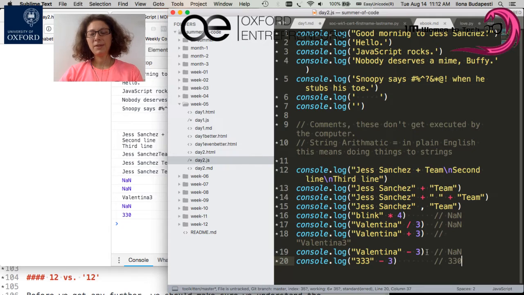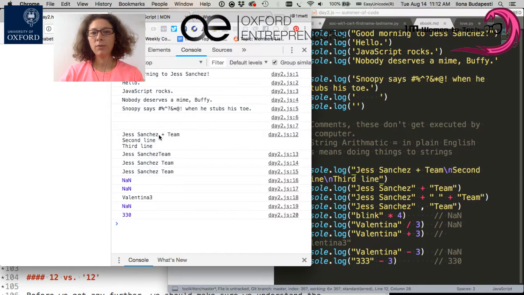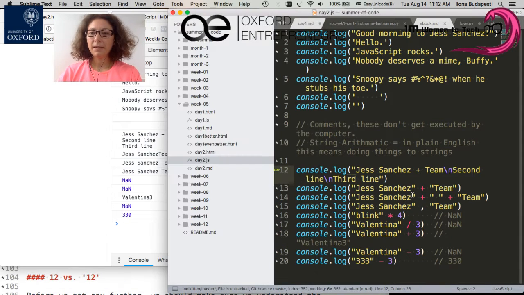So this is what we saw earlier, that we can add strings together. If we put the plus sign within the string, then it's actually not an operation. It is just a string, and it will print out as a plus sign. However, if we keep them outside of the quotation marks, then they become what we call operators.